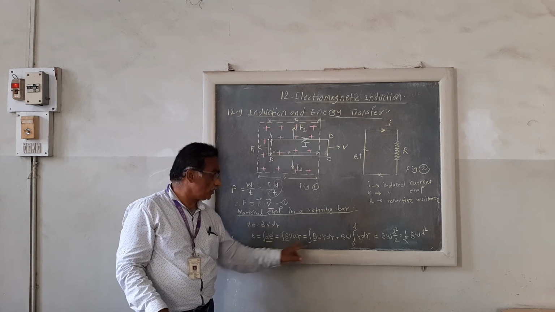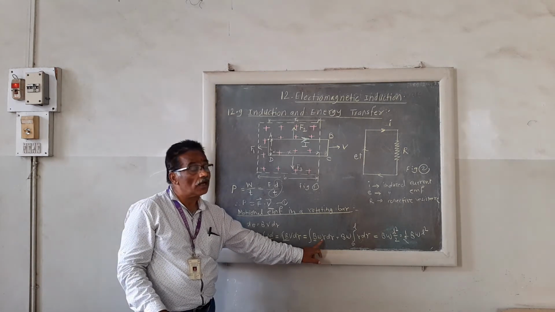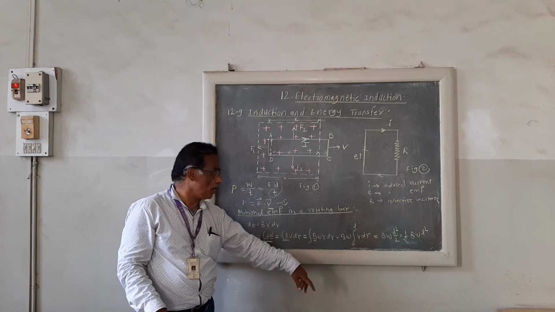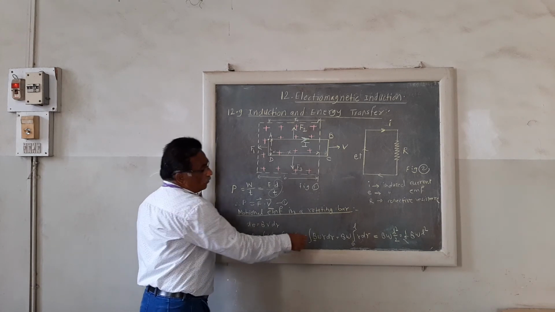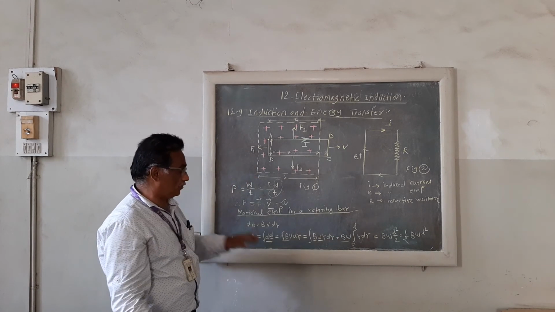So I have replaced v by omega r, where omega is constant. Out of these, B and omega are constant, which are taken outside the integration.